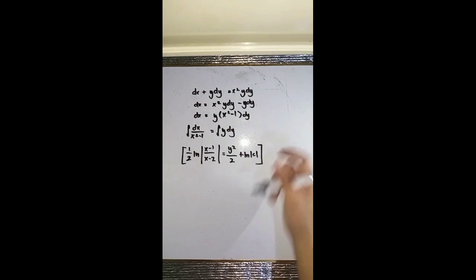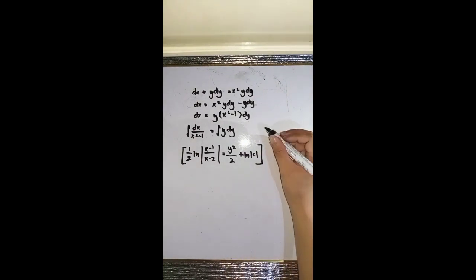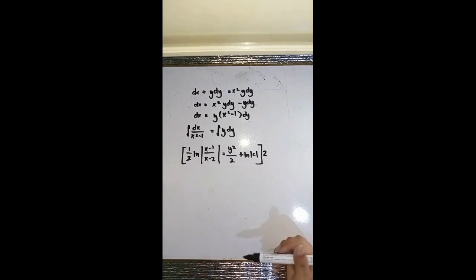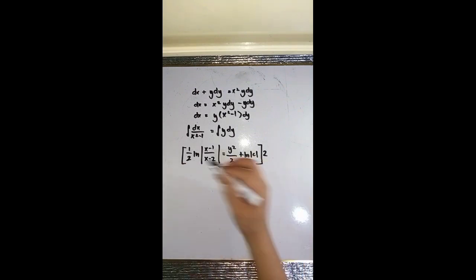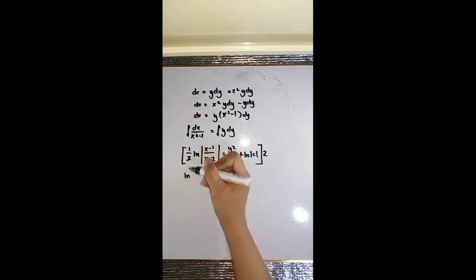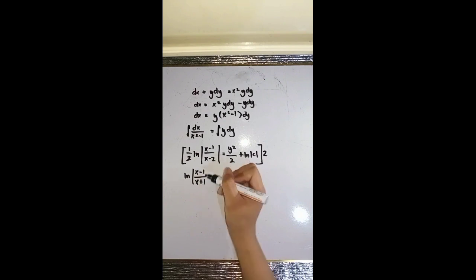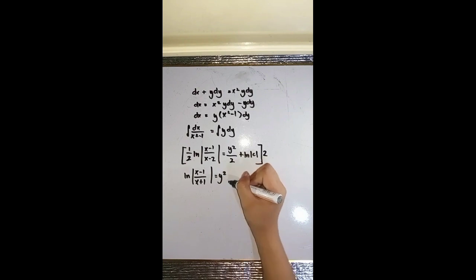So we will multiply this equation by 2 in order to get rid of all the halves. So the resulting value will become ln of (x minus 1 over x plus 1) equals y squared plus ln of the arbitrary constant c.